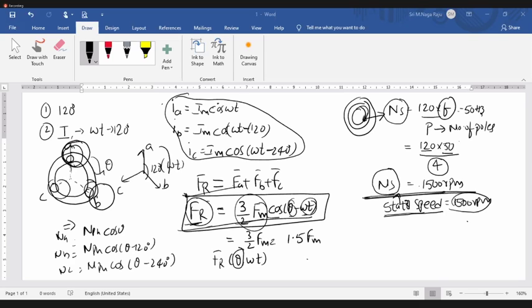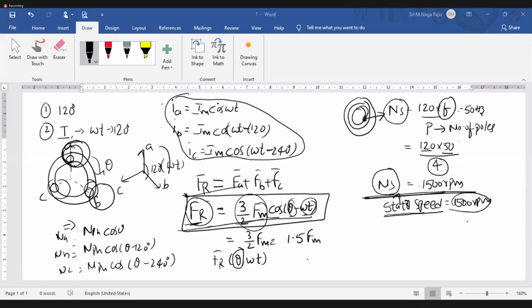N. When the motor is running at a speed of so many RPM, it is the speed of the rotor, because the mechanical load is connected to the rotor. Motor speed and rotor speed are the same.